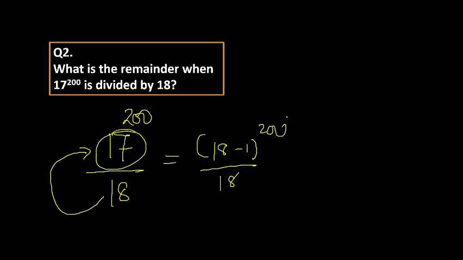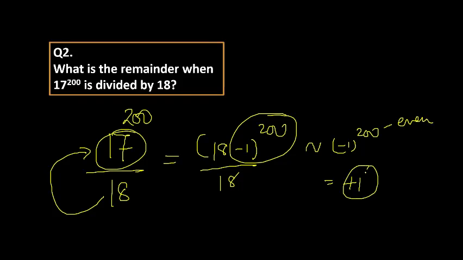So this time, this is your answer: minus 1 raised to the power 200. I think it is an even power, and for even power it is plus 1. That is your answer. 1 आ गया सभी का? Good. Right? 18 minus 1 raised to the power even is plus 1.